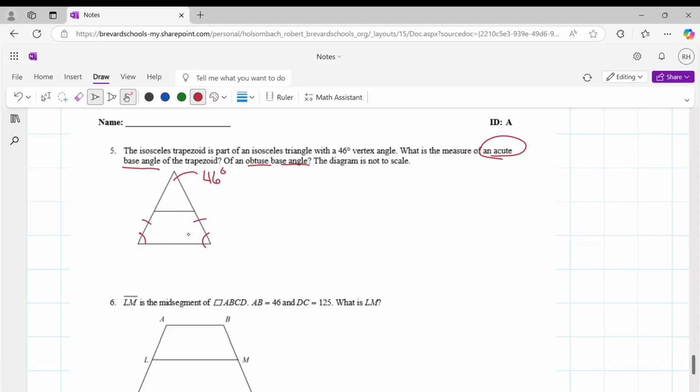All right, so in this isosceles trapezoid, here's a pair of base angles, because these sides are parallel to each other. And here's your other set of base angles. I know that's hard to see, but you should be able to see it better on your computer screen.